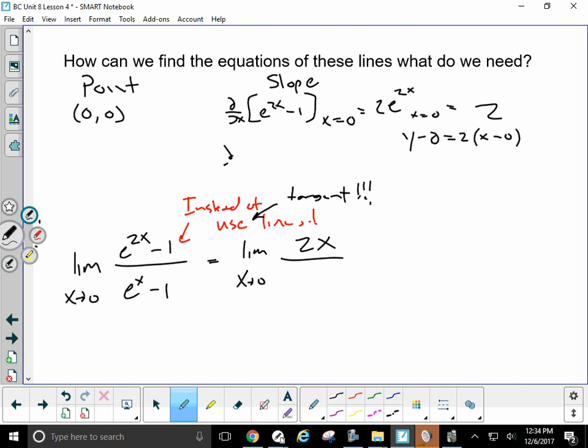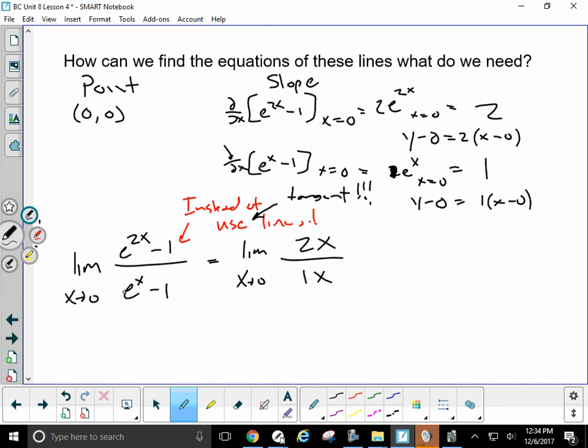And let's do the same thing for the other one, e to the x minus 1 at 0. I just get e to the x. At x equals 0, I get 1. And I get the equation of that line is y equals 1x.